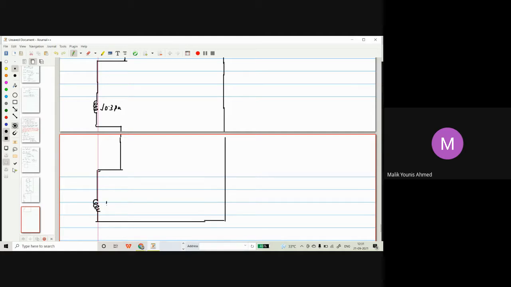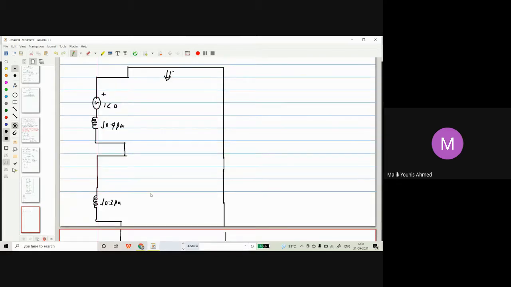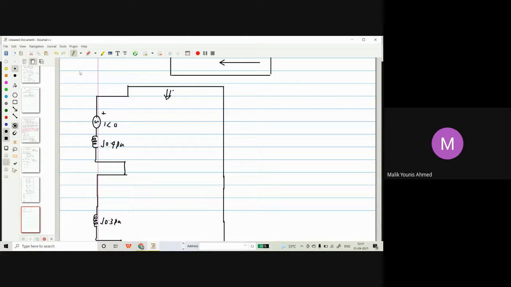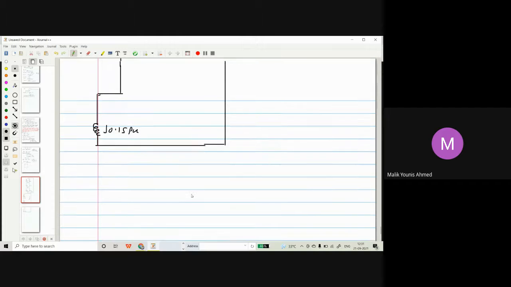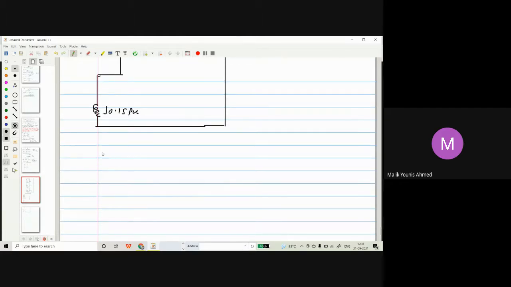Only one will be there: J.15 per unit, J.3, J.4. So the current here will be IA naught. You can see all of them are in series now, and then IA naught will be the voltage 1 at an angle of 0, divided by 0.2 plus 0.15 plus 0.15.